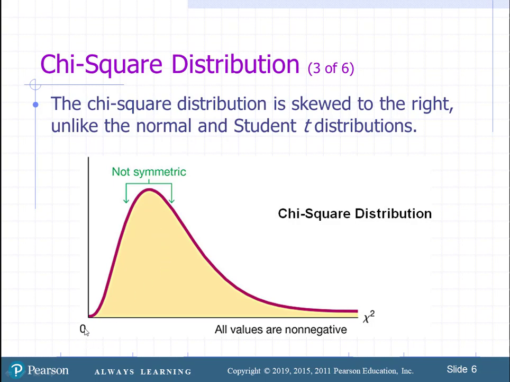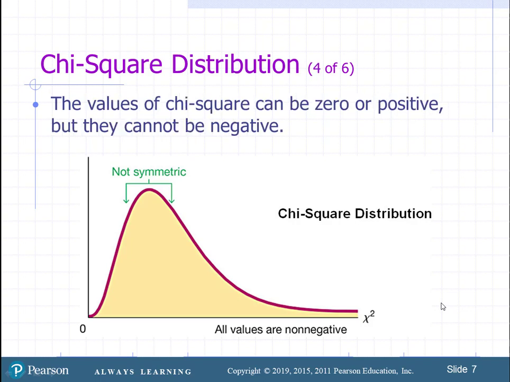So it's different than both our standard normal distribution and our student t distributions. Notice it starts at 0 and it is skewed to the right. So chi-squared values can be 0 or positive, but they cannot be negative.